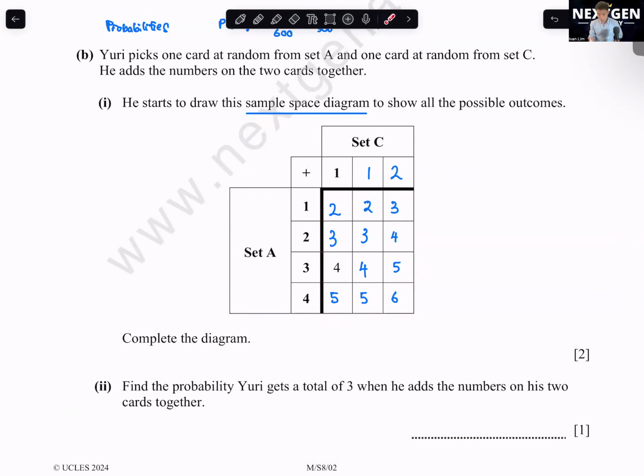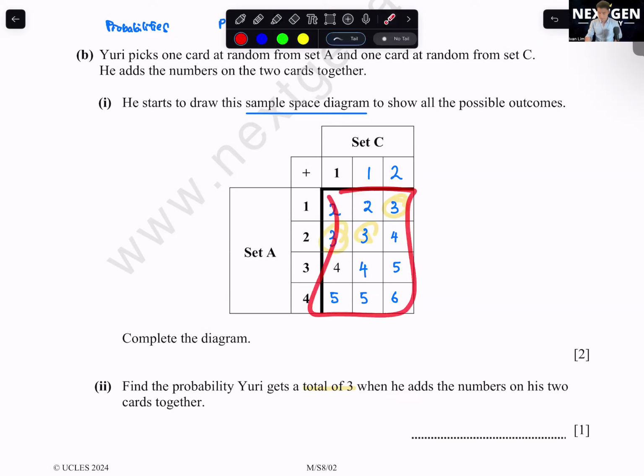Now, they ask you to find the probability Yuri gets a total of 3 when he adds the numbers of his two cards together. So how many threes, total of 3, will he get out of this entire sample space diagram? Here 1, 2, 3. 3 out of how many?